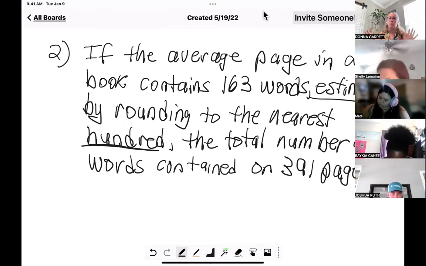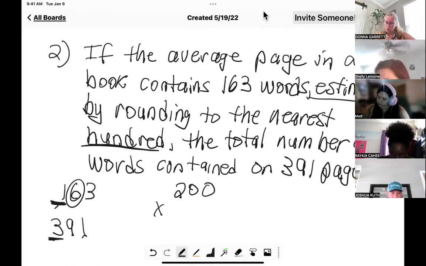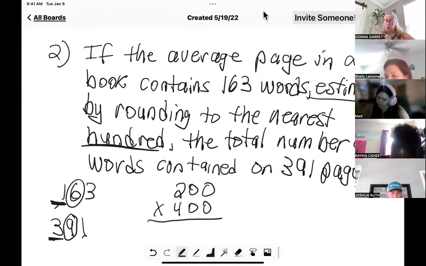Okay, estimate makes this way much easier. So if I'm rounding to the nearest 100, I have 163, I look behind it, it's a 6, so I know I'm going to round up. That'd be 200. And then my next number is 391. I'm rounding to the 100, so I look behind it, and that's a 9. That means I'm rounding up to 400. Now, here's my tip. All we have to do is multiply 4 times 2 is 8.